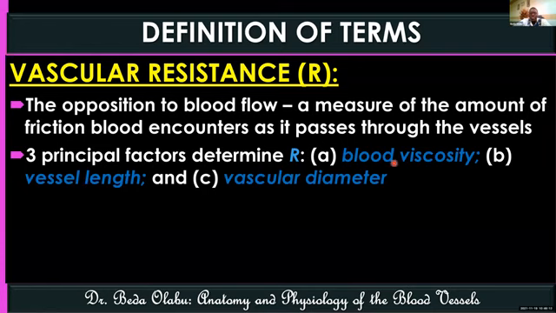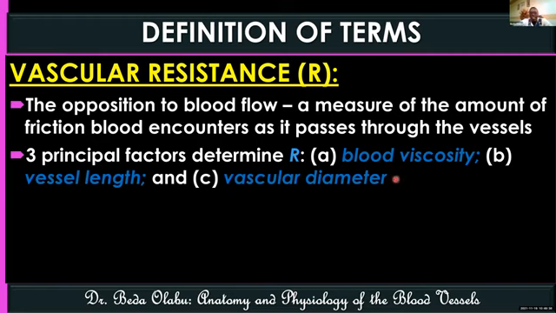Blood viscosity does not change rapidly over time, unless there's some pathological condition that has happened. So even though there are three principal factors that contribute to resistance to flow, the main physiological factor is the vascular diameter.